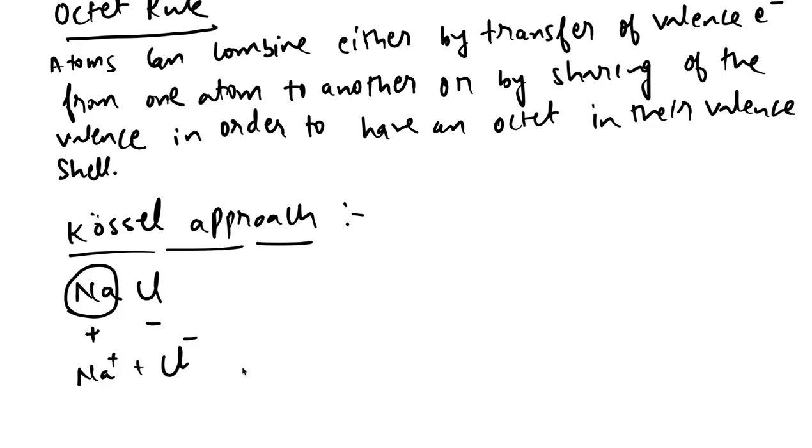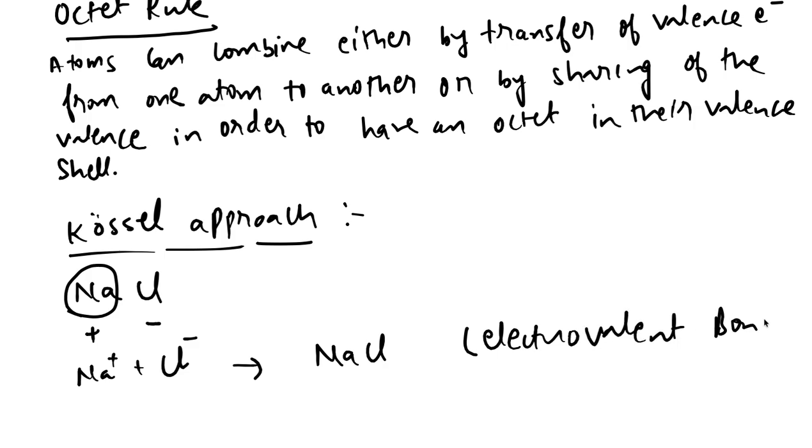So they will combine together to form NaCl, and this particular bond he considered as an electrovalent bond. So from this, the term electrovalent bond comes into the picture, and they stay together because of the electrostatic force of attraction because of the opposite charge. Okay, so this was the whole Kössel approach.